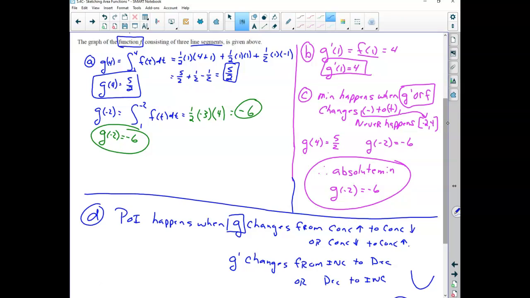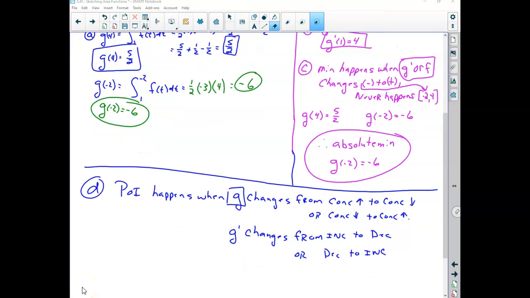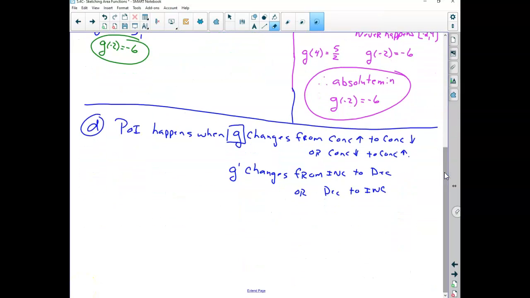Gotta hit pause. Okay, so as I'm cruising along and I'm just thinking about that, well, G prime is the one that they're giving me here. That's the graph I'm given. So I'm looking for when G prime changes from increasing to decreasing, or decreasing to increasing, which also implies G prime has a max or min.